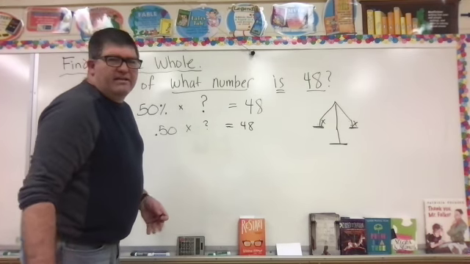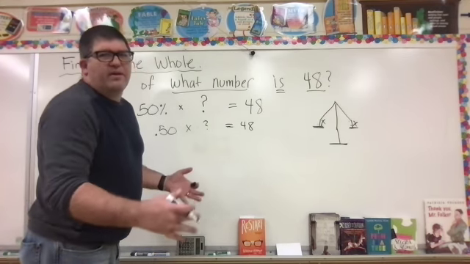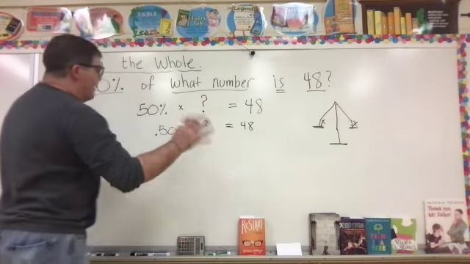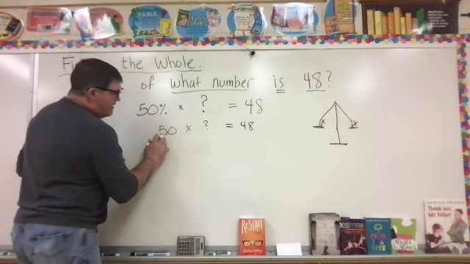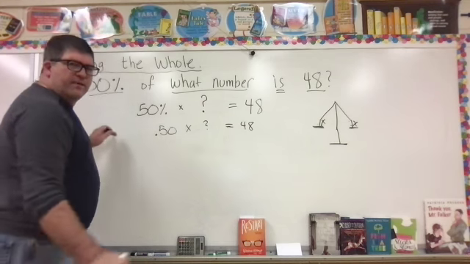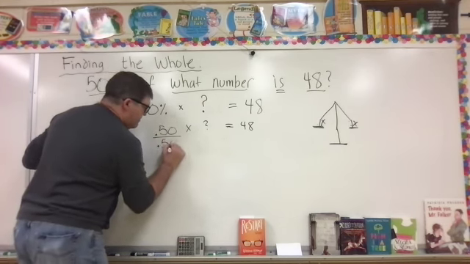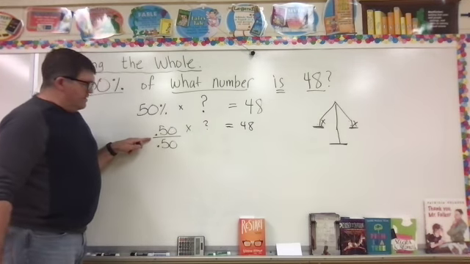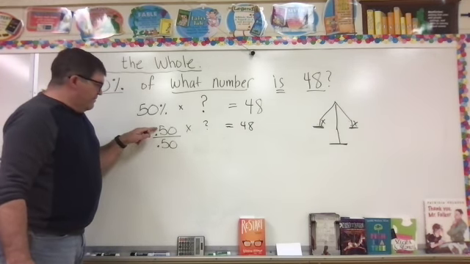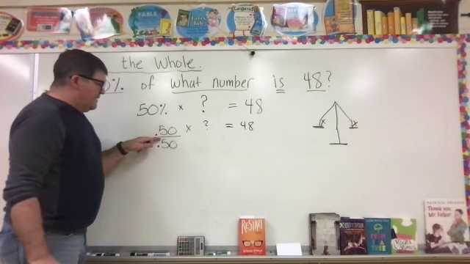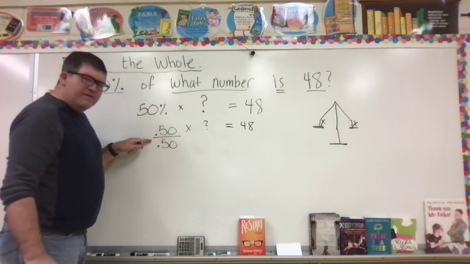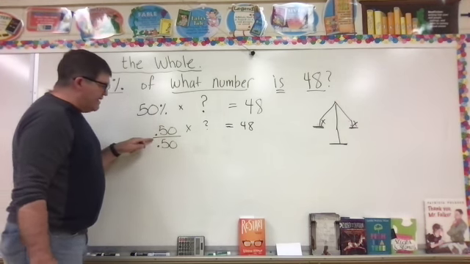Well, 48 equals 1 times 48. So the way I'm going to get this to be 1 is I put 0.50, and this line is really divided by, but I make it into like a fraction.